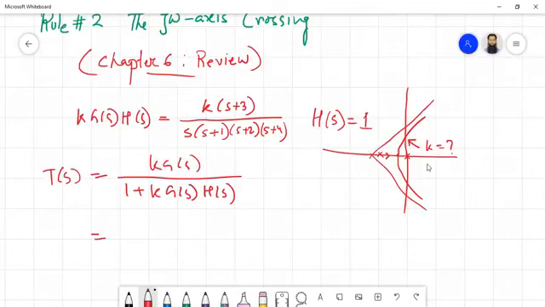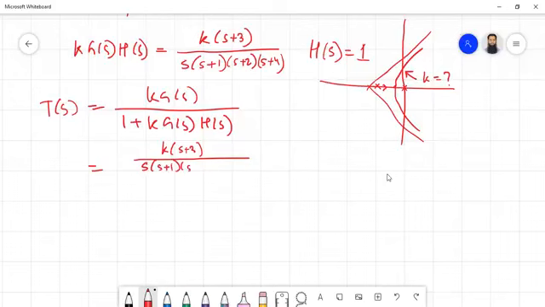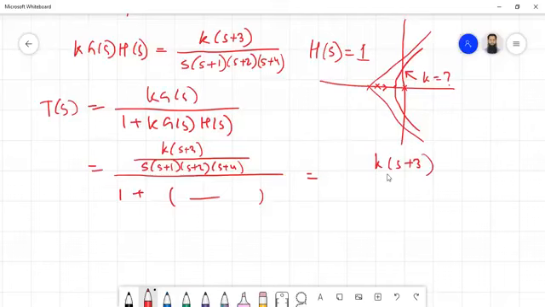So we can simply write k(s plus 3) divided by (s plus 1)(s plus 2)(s plus 4), over 1 plus the whole thing again. If we simplify, we will have k(s plus 3) in the numerator, and in the denominator (s plus 1)(s plus 2)(s plus 4) plus k(s plus 3).